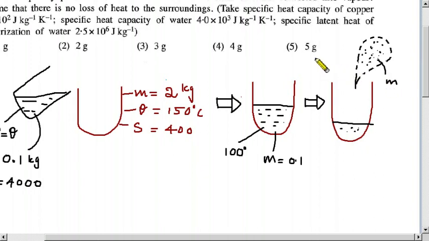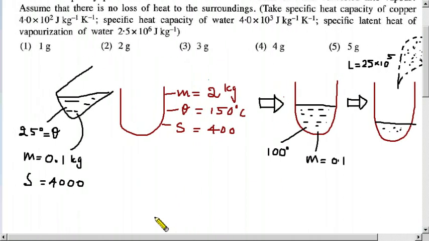L they have given as 2.5 times 10 power 6, but we can write it as 25 times 10 power 5 instead of 6, because then it is easier. We can simplify easily because there are other numbers, 150 and also 25 here.